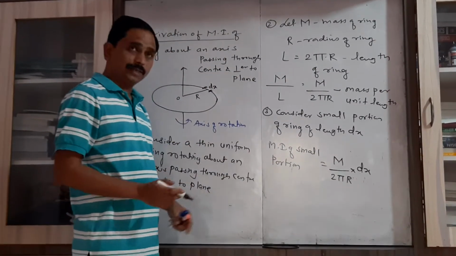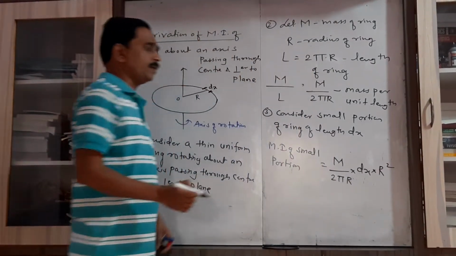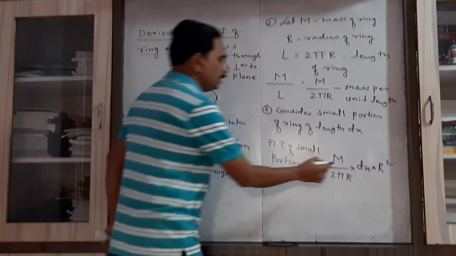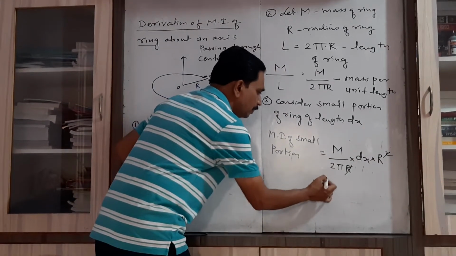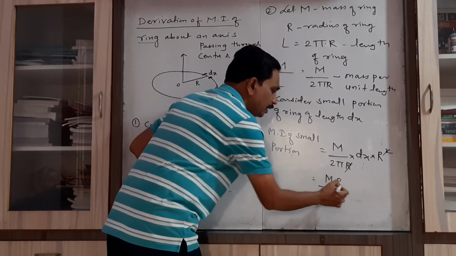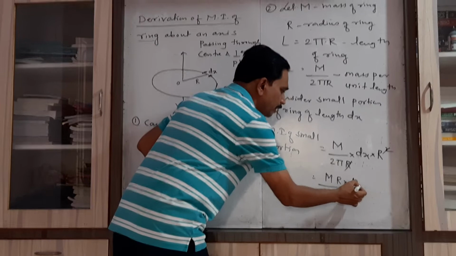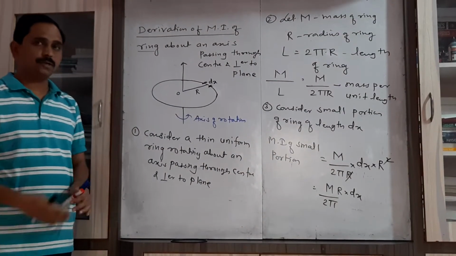That is only the mass. You have to write again the square of the distance from the axis of rotation. Now here we can cancel this. So we write the moment of inertia of a small portion, that is capital M upon 2 pi, r into dx. That is the moment of inertia of a small portion.